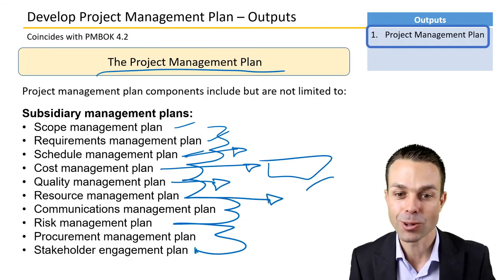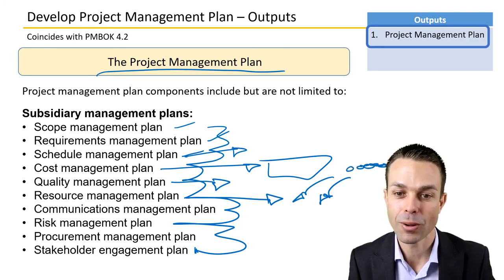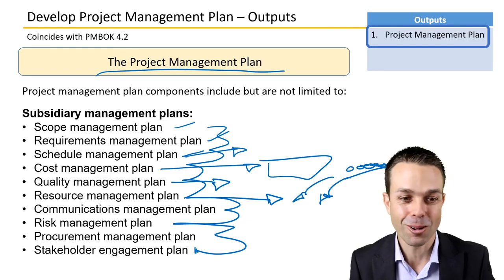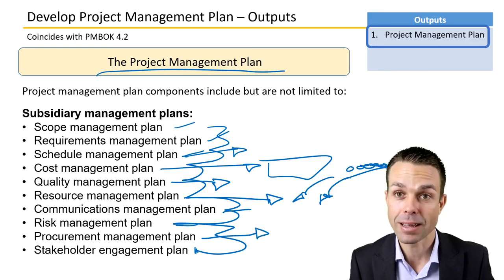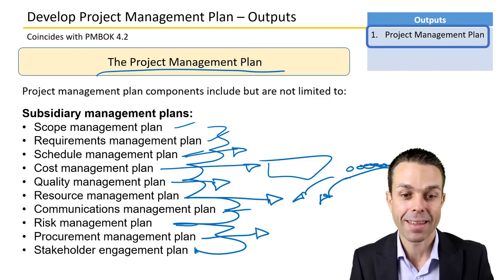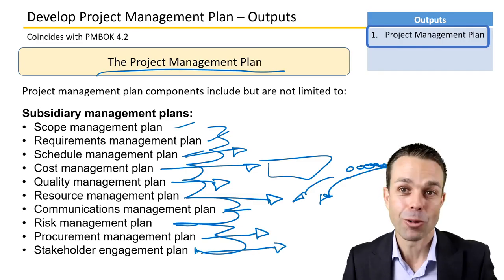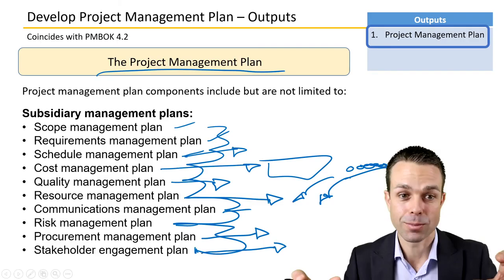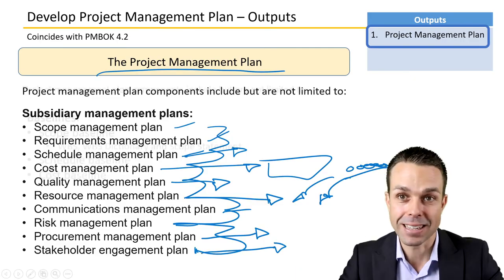Is it external to our company? Is it from the sponsors part of the business and they're getting all of these different people to help, and those are the resources involved? Risk management, communications management, procurement or anytime we're buying things or procuring something, and the stakeholder management plan. All of these subsidiary plans will be used to go into the project management plan, and that's what we're sort of going to be creating over time.